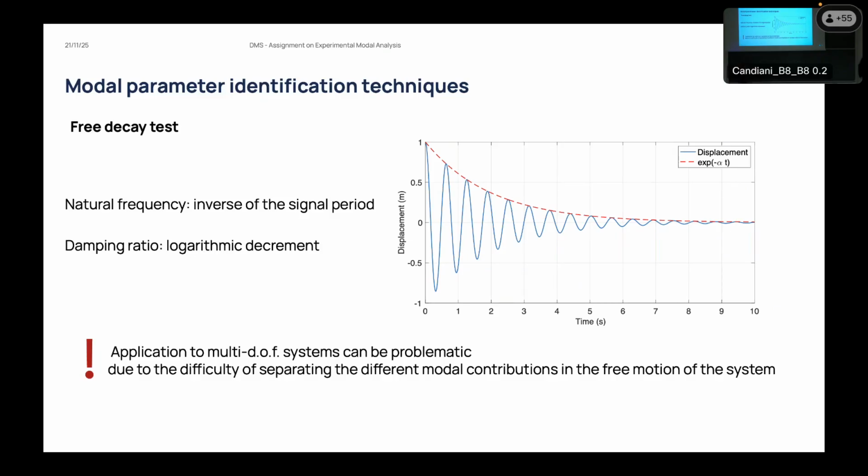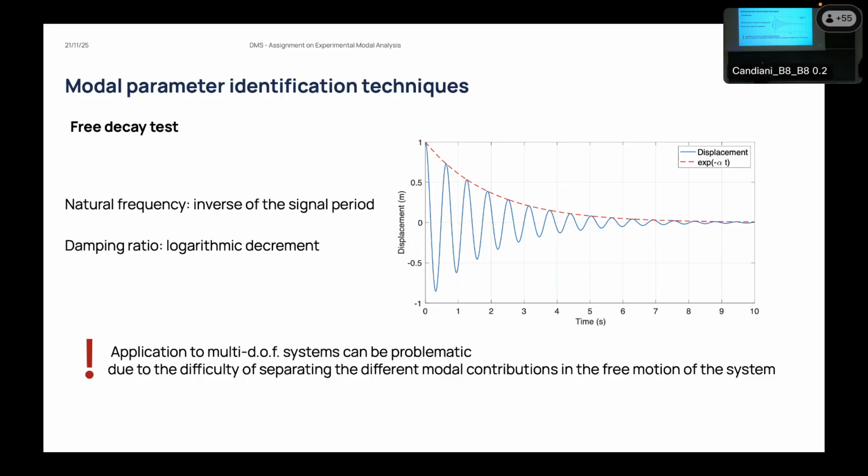If you go back to the exercise session in which we started with the simply supported beam and we applied both the boundary conditions and the initial conditions, at the end we mentioned that if the initial condition in terms of position is coincident with the first mode, the response of the system will be driven by just one mode. So if you can do something like this, you could rely on the free decay response of the system to identify the modal parameters.